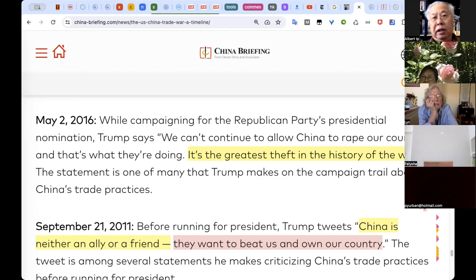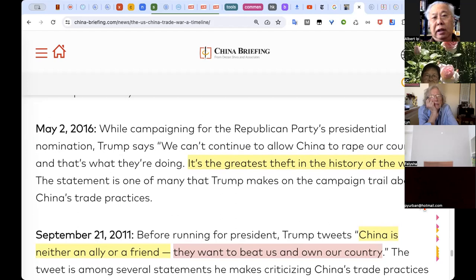You steal from somebody using whatever means. You steal somebody's asset by printing paper, and then you get your people's asset. So the biggest threat in the history of the world is actually the United States.